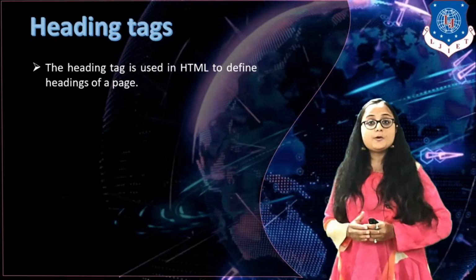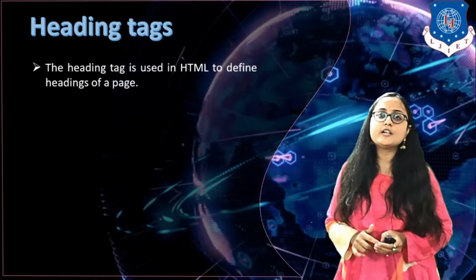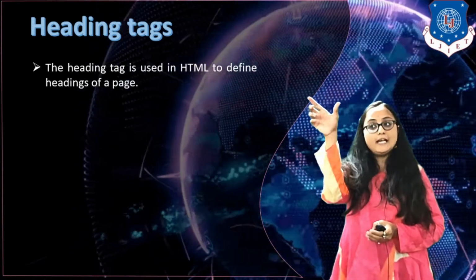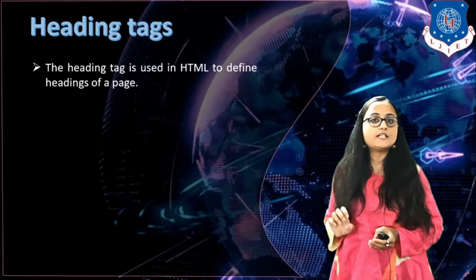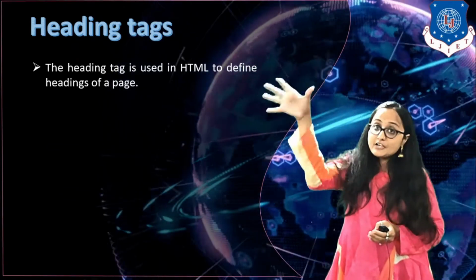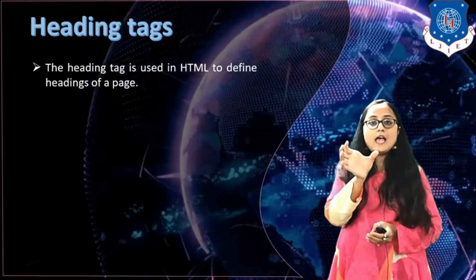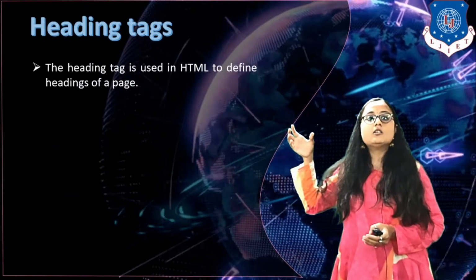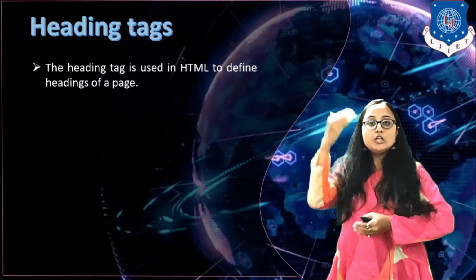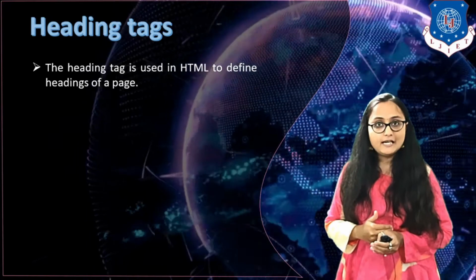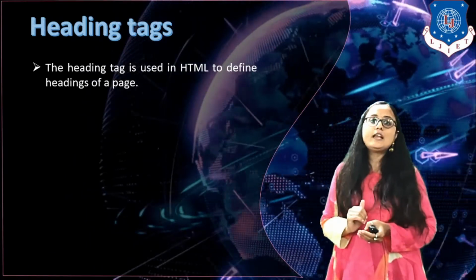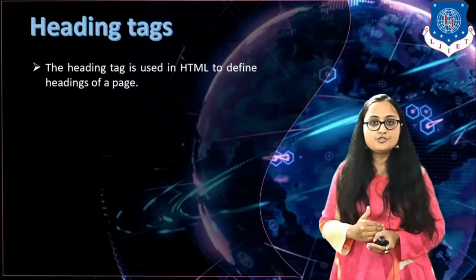And in a newspaper, what is the first thing that catches your attention? It is the topmost heading of the newspaper. Also, apart from the topmost heading, you have small heading topics below it, and after those small headings, you have the content of the newspaper.